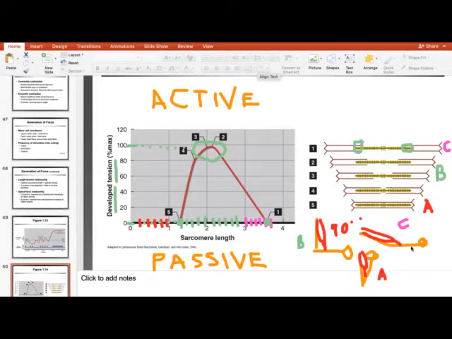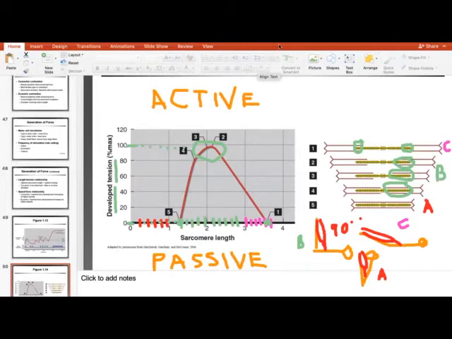As my muscle contracts more and more, gets smaller and smaller, as the sarcomere gets smaller, more and more of the actin and myosin can interact with each other. The circle gets bigger and bigger. So as my muscle goes from contracted and gets longer and longer, right about to here.